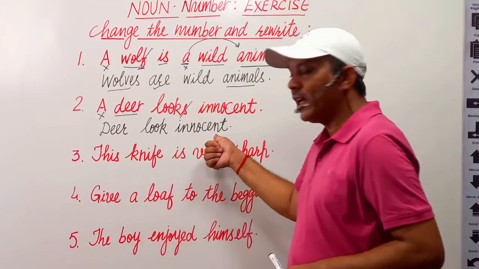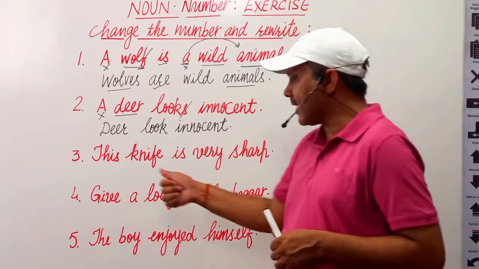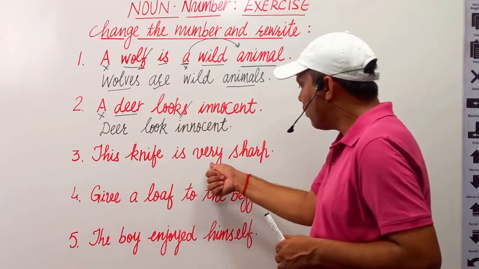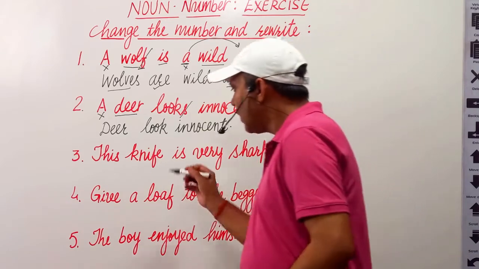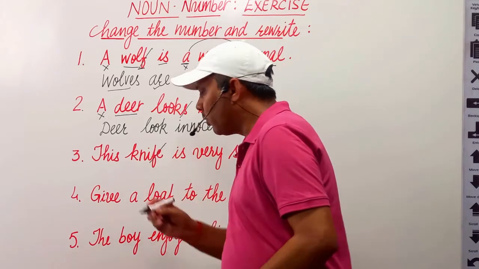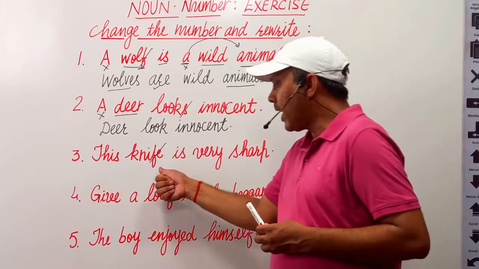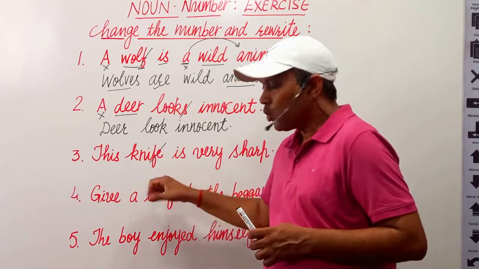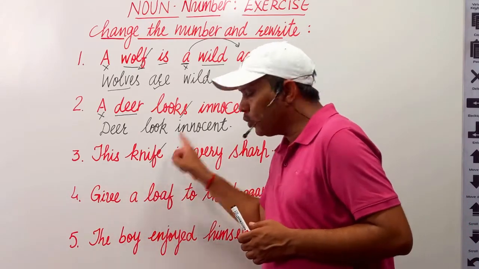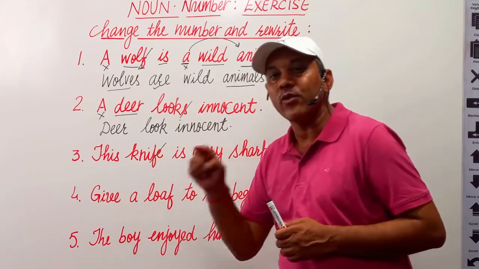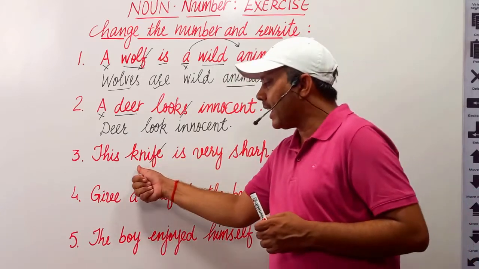Deer look innocent. And the next sentence is, this knife is very sharp. Now again this is a noun, a singular noun ending in FE. To make it plural, we have to remove this FE and add VES to KNI.